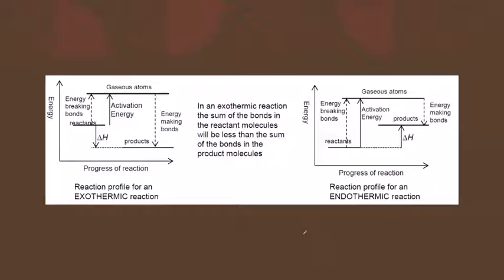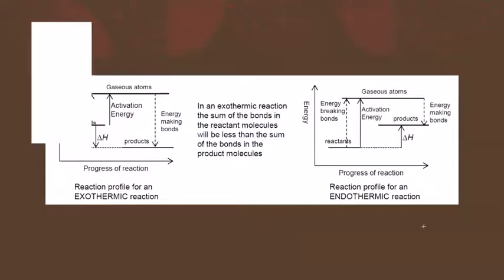because during a reaction there is bond breaking and there is bond forming as well. For example, we have a reaction where we are burning methane, and this results in complete combustion, forming carbon dioxide and water.